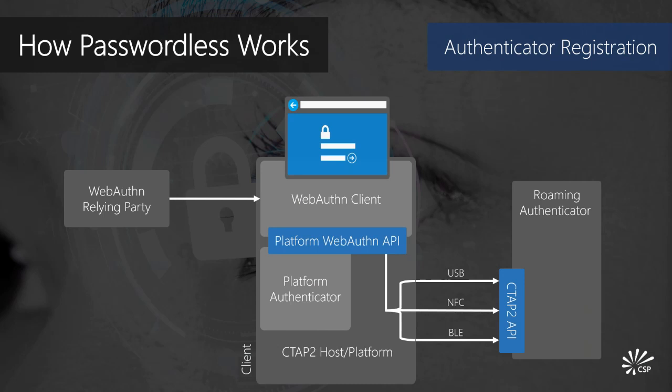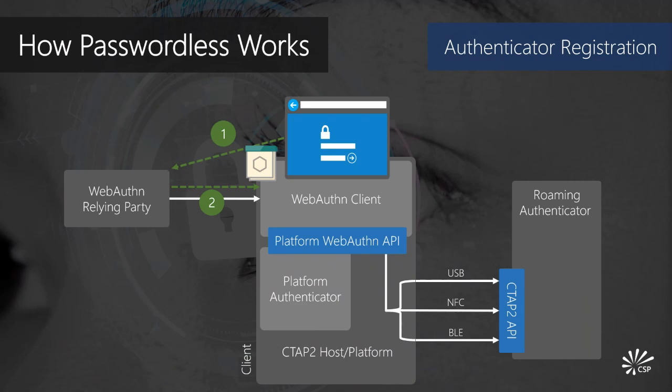So the first thing you need to do when you set up a passwordless authentication method is register it. If I go buy a FIDO2 security key, it's not just going to be able to log me into my account. I have to register it. In this example, I use the WebAuthn client, which is the browser on my desktop, and I try to authenticate to some web service, like SharePoint Online or Exchange Online.